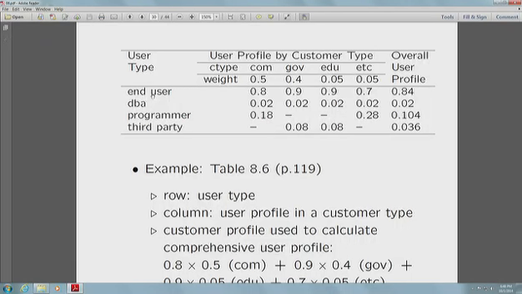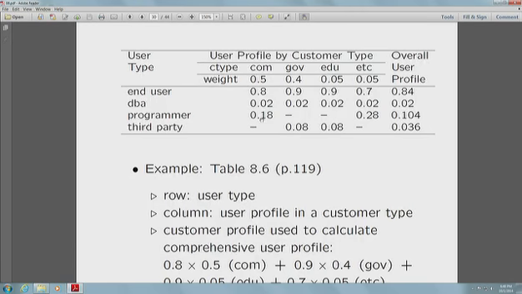For example, in companies, they may have end users, DBAs, and programmers, but they don't have third parties. They don't contract things out; they do everything themselves.